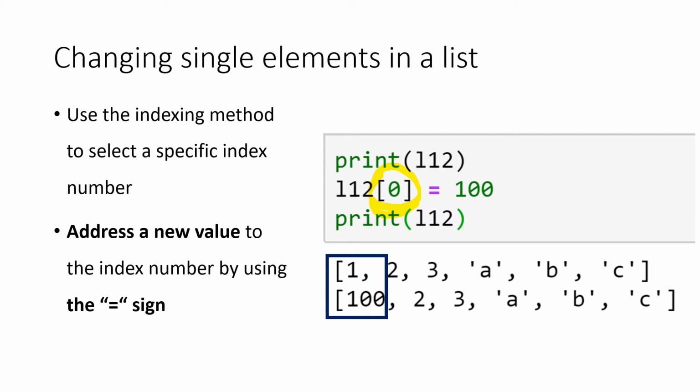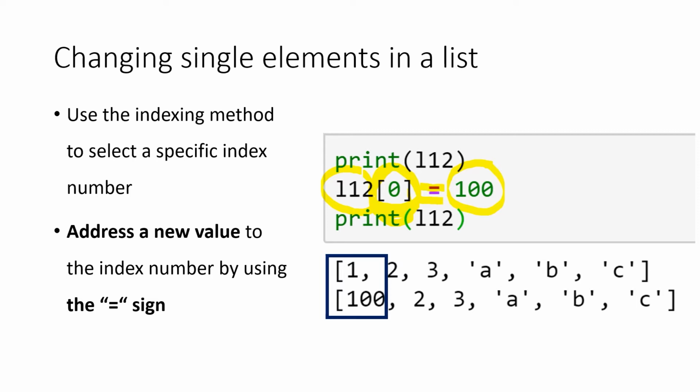So we basically tell Python, okay, we have here our list L12, then we choose index number 0, which has to be changed, and then we address a new value to it, which is in this case 100. So if you want to change an element in a list, first define what list to be changed, afterwards define what index number to be changed, and then through using the equal sign, you address the new number, and in this case it would be 100.